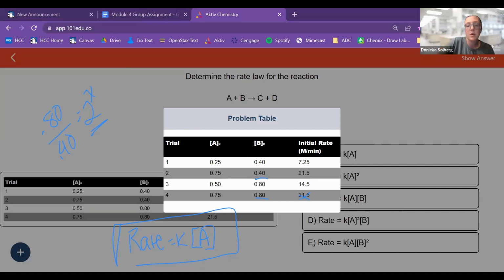Okay, 21.5 times 4 is 86. So say this was 86 instead. Okay, B doubled, and then I want to know what happened to the rate. So I would do the big one over the small one. 86 over 21.5 is 4. So again, 2 to the x equals what in this case? 2 to the x equals 4. Well, then x must be 2. That would mean that it's second order.